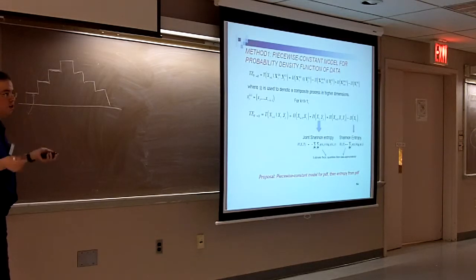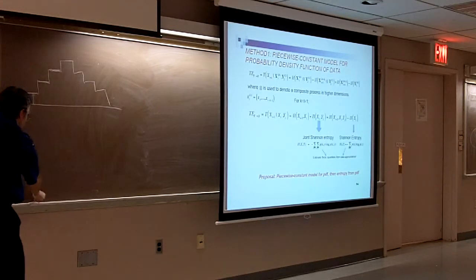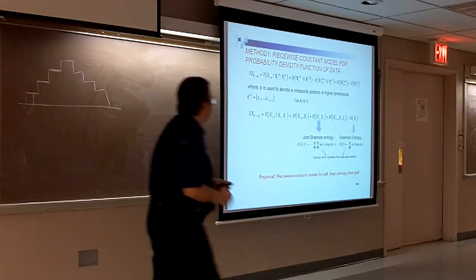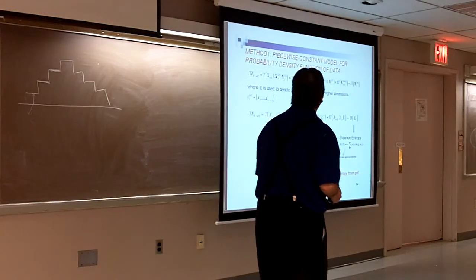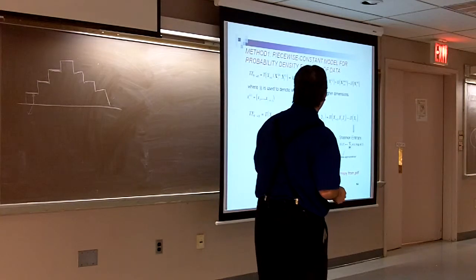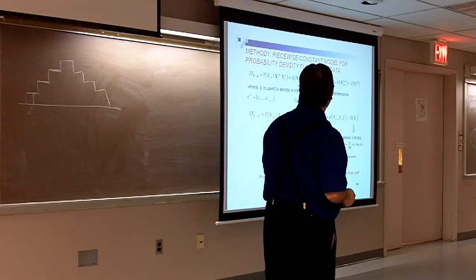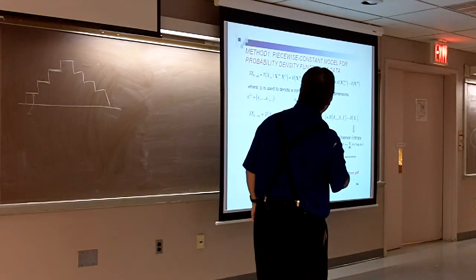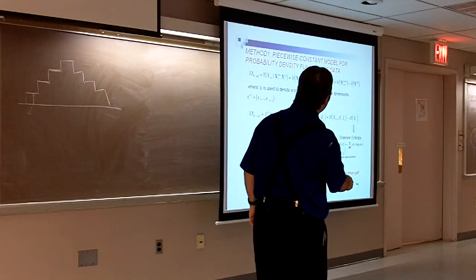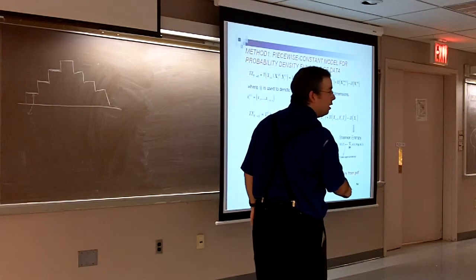That's how I obtain the error bars and the mean for a PDF. Once we obtain the entropies that way, we can estimate the transfer entropy using these equations, because transfer entropy can be expressed as a summation and subtraction of individual Shannon entropies.